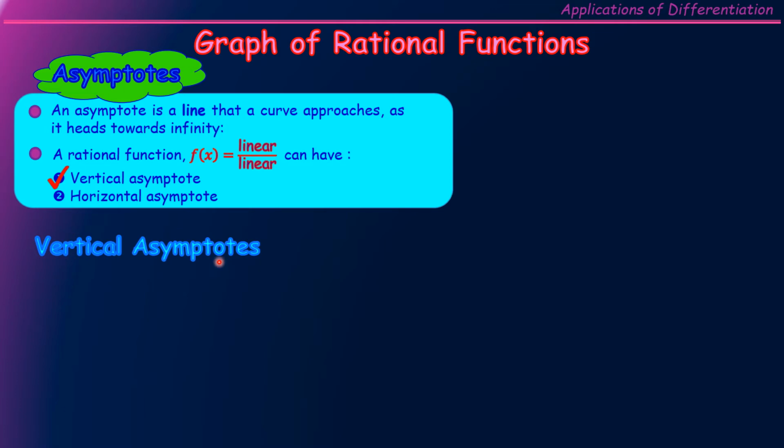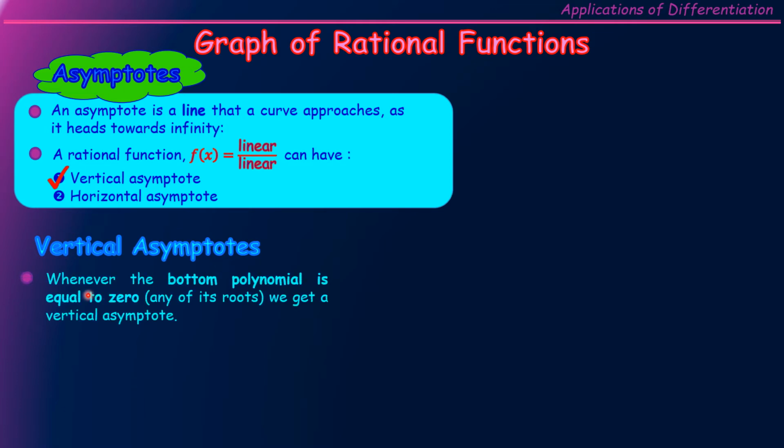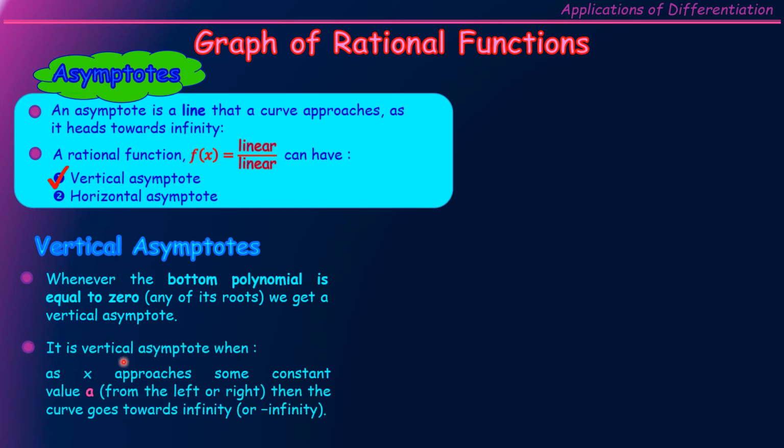What is a vertical asymptote? Whenever the bottom polynomial is equal to 0, at any of its roots, we get a vertical asymptote. It is a vertical asymptote when, as x approaches some constant value a from the left or right, the curve goes towards infinity or negative infinity.